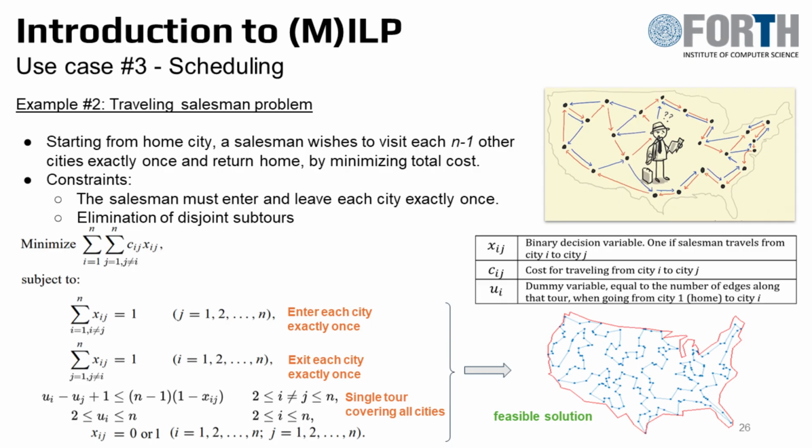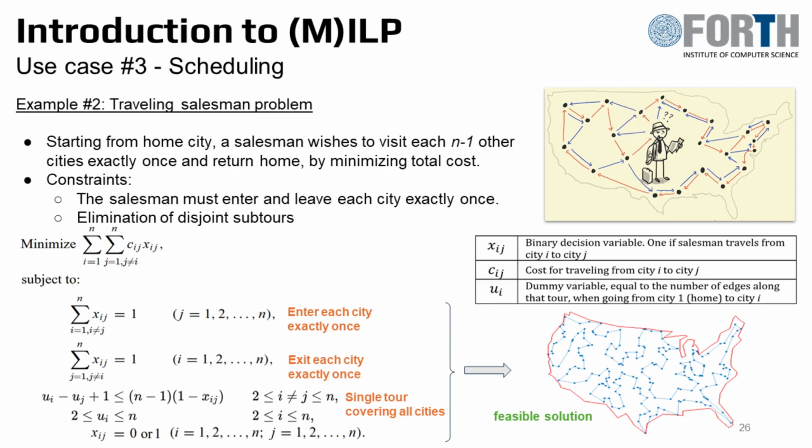These variables do not represent physical decisions. Instead, they serve as ordering variables that encode the sequence in which cities are visited. The subtour elimination constraints link these ordering variables with the routing decision variables. Their role is to enforce consistency. If travel occurs from city I to city J, then the position assigned to city J must follow the position assigned to city I.